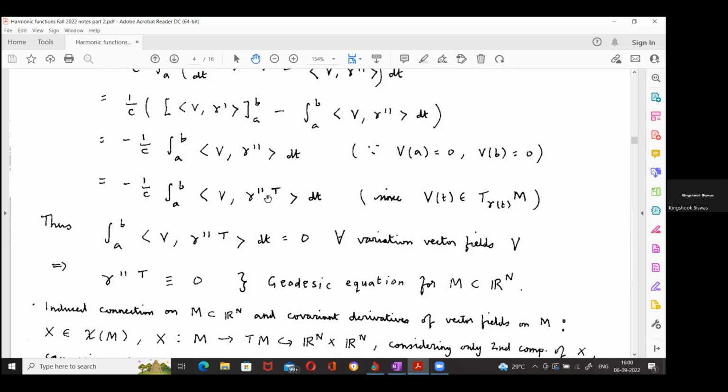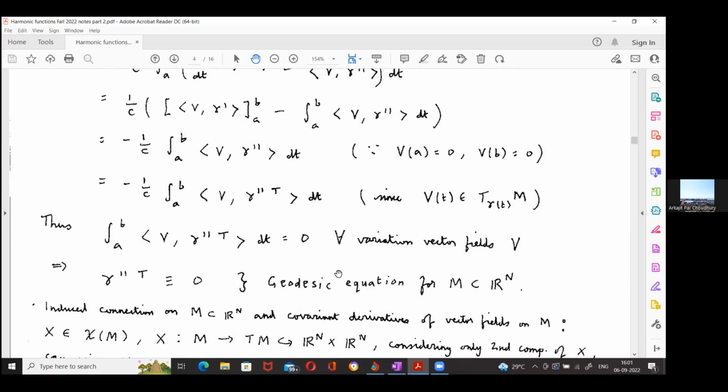So finally, the integral from a to b of V with the tangential component of gamma double prime is 0 for all variation vector fields V. Basically V plays the role of test functions. Since this is true for all V, it follows that the tangential component of gamma double prime has to be identically 0.